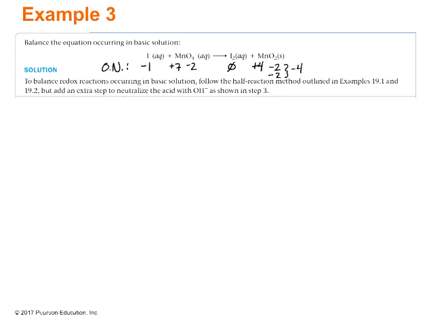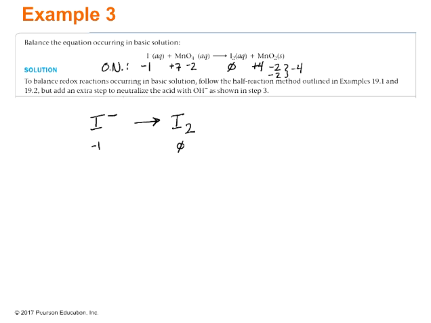Okay, so now let's see if we can tell whether something's been oxidized or reduced. So let's write out our half reactions and we'll determine from there. All right, so in the first half reaction, iodide is going to turn into iodine. And the value for iodide was -1. The value for I2 is 0.